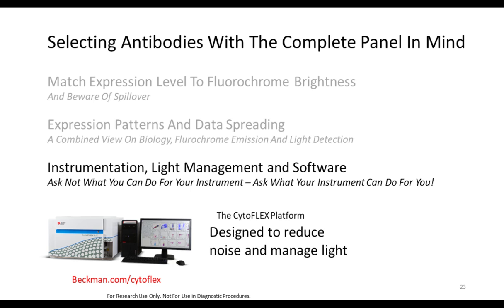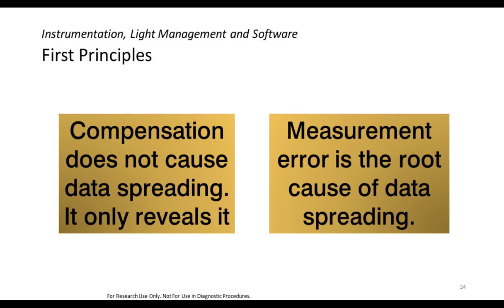Because as you could see from the concepts that Michael presented, there's a lot of principles to consider, and there's a lot of interplay between those principles. And so the CytoFLEX actually was designed specifically to tackle the challenges that the instrumentation might play in those considerations. CytoFLEX was designed to reduce noise and manage light, and we're going to look at how that works.